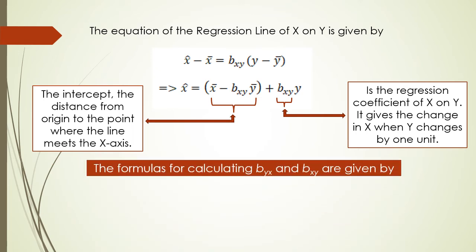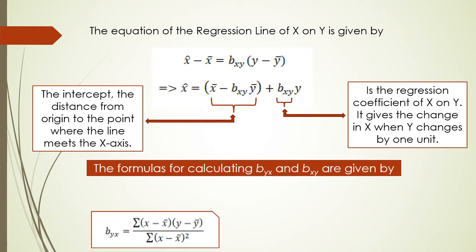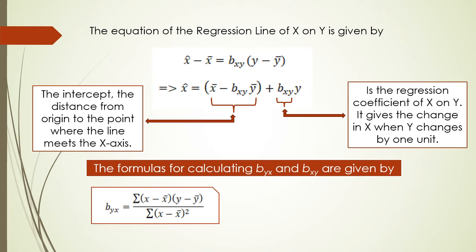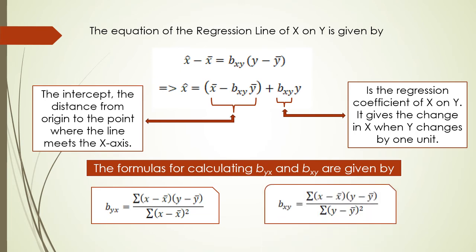The formulas for calculating byx and bxy are given by byx equals summation x minus x bar into y minus y bar divided by summation x minus x bar squared, and bxy equal to summation x minus x bar into y minus y bar divided by summation y minus y bar squared.